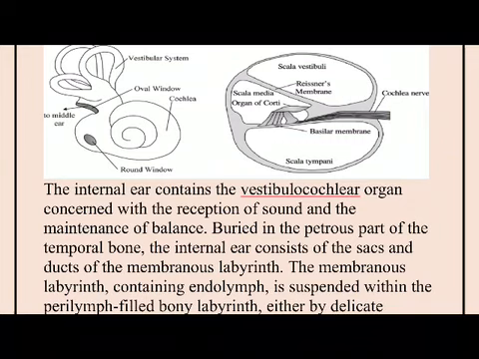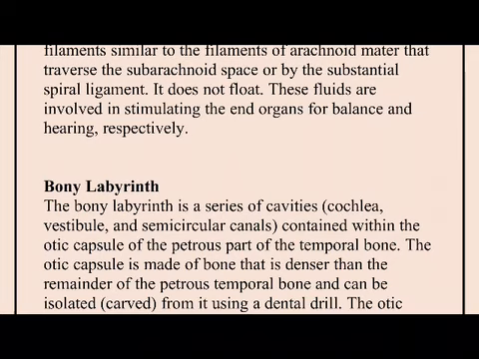It is suspended thanks to delicate fibers similar to fibers of arachnoid matter that traverse the subarachnoid space, so it does not float. The fluid, that's the endolymph, is very important in stimulating the end organ in the cause of balance and hearing.